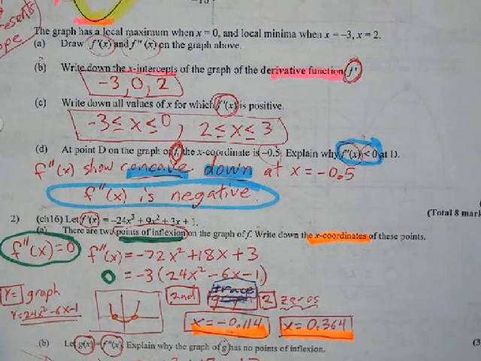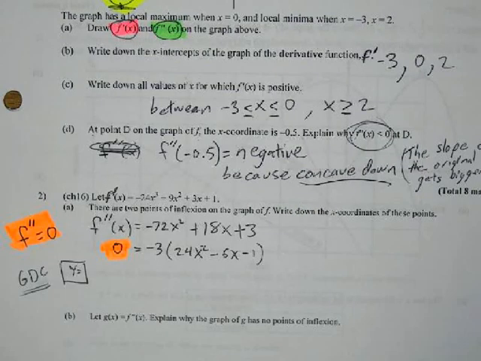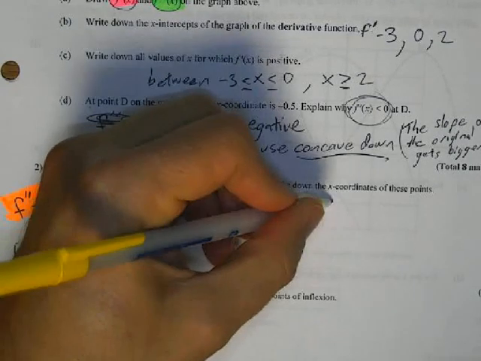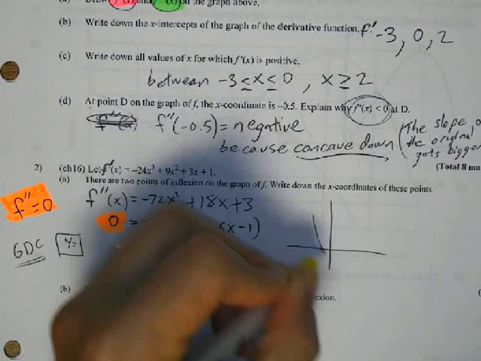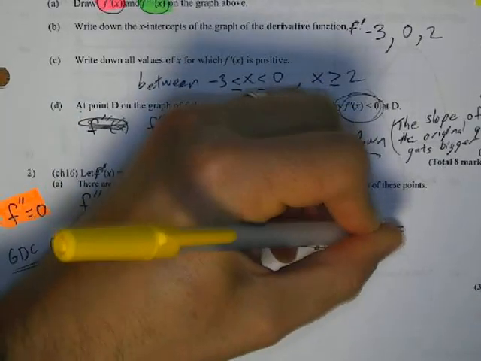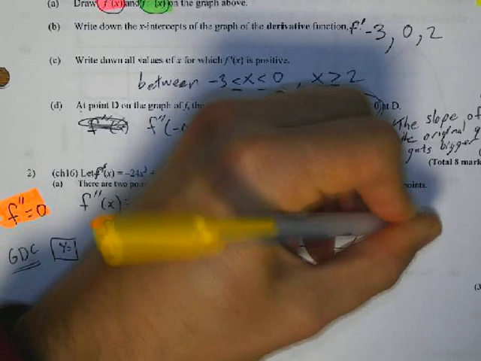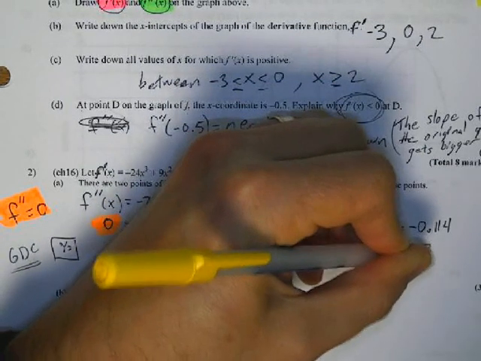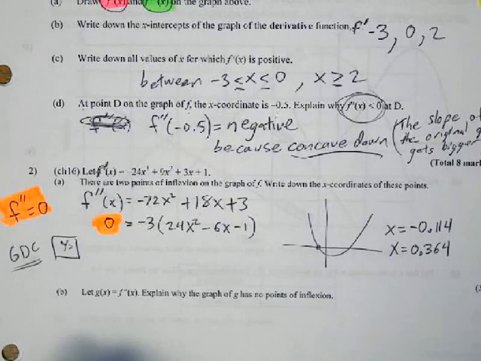Okay. So we got our graph, and we just said it was x equals negative 0.114 and x equals 0.364.